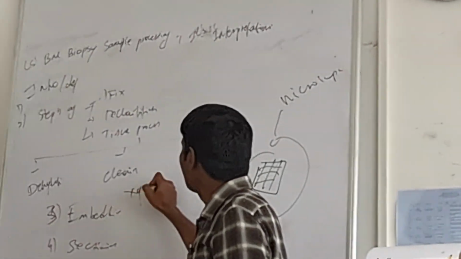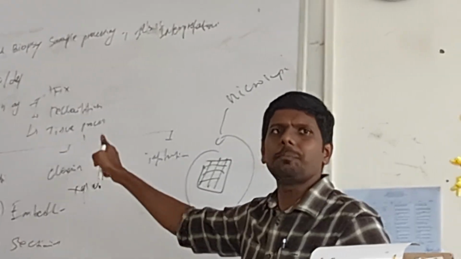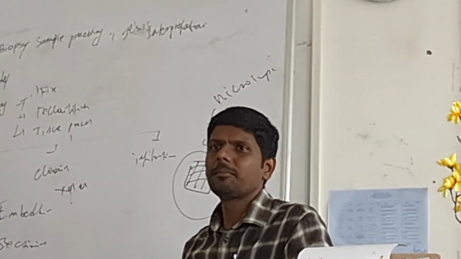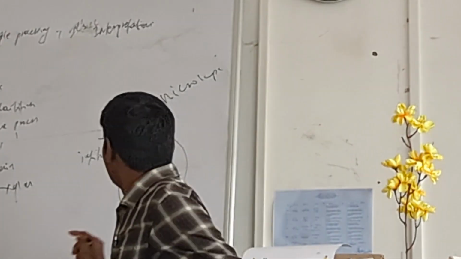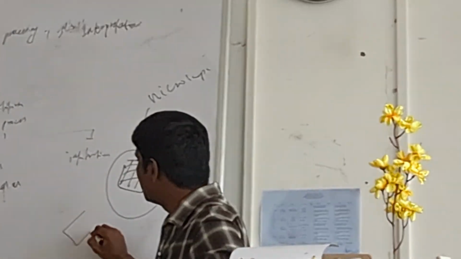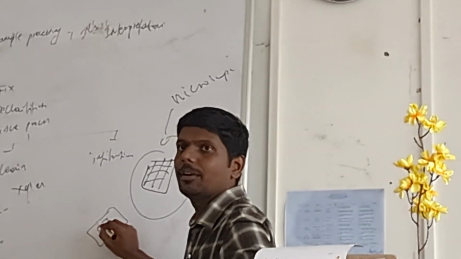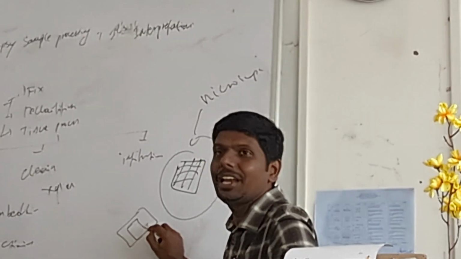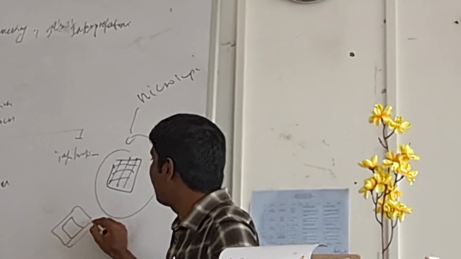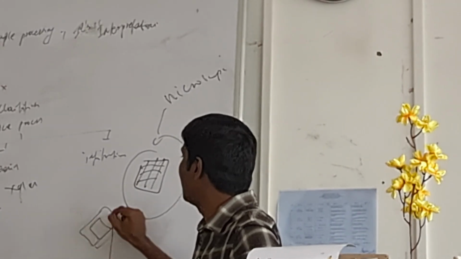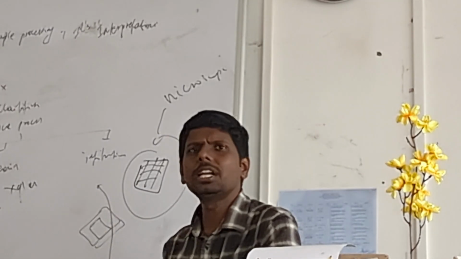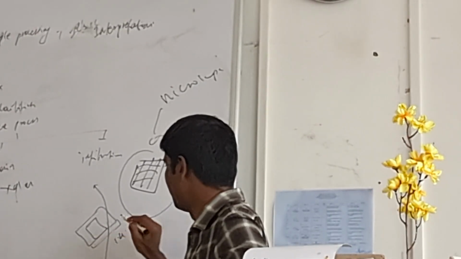Now, if we are using xylene, why is this step called clearing? Listen, when we take the tissue to a slide, the slide has a refractive index. Light, once it is bent, will go like this. The refractive index of the slide is 1.4.